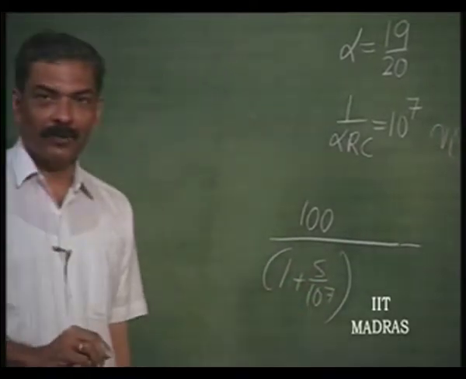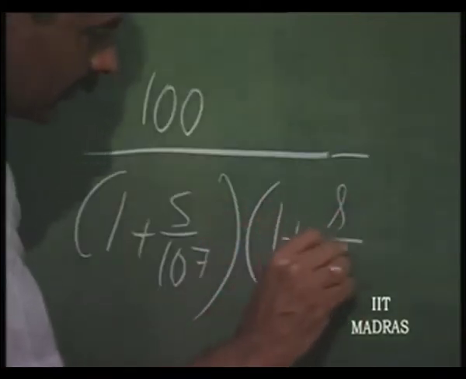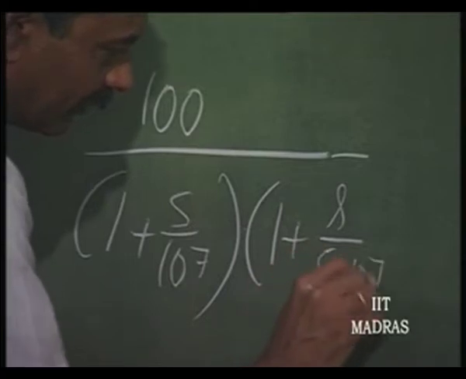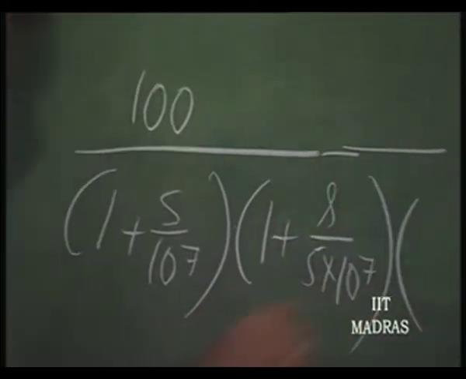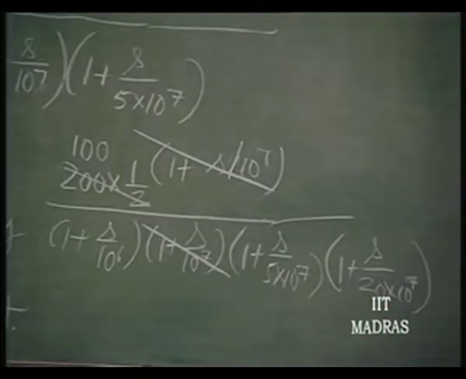Now, the second pole has got shifted from 10 to power 7 to 5 into 10 to power 7, and a third pole has been introduced at S by 20 into 10 to power 7.